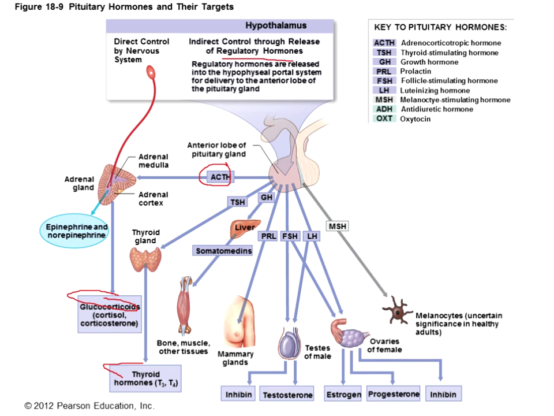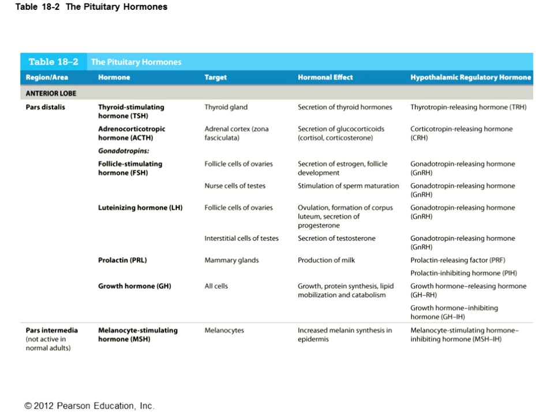TSH stimulates the thyroid gland, and you get thyroid hormones T3 and T4 release, which we're going to talk about. And so this slide does a really nice job of summarizing how this works and all the targets, etc., from that standpoint.